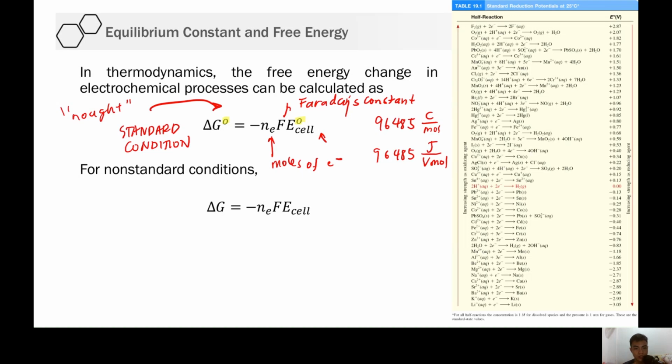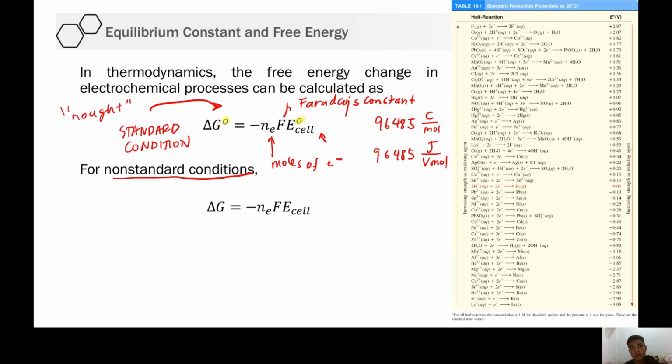So when I say delta G naught, I am referring to standard free energy. When I say E naught cell, I'm referring to the standard cell potential. But if you don't see any circle on the top, that means it is a non-standard condition.